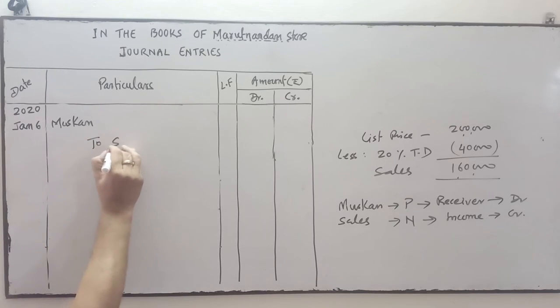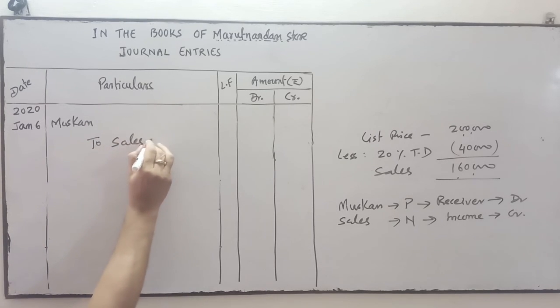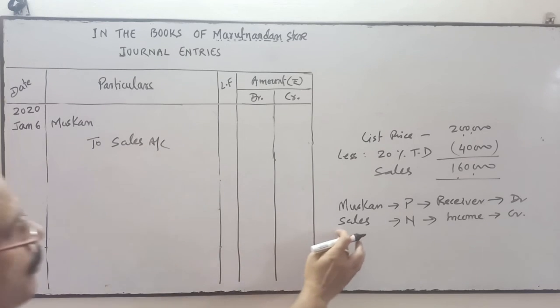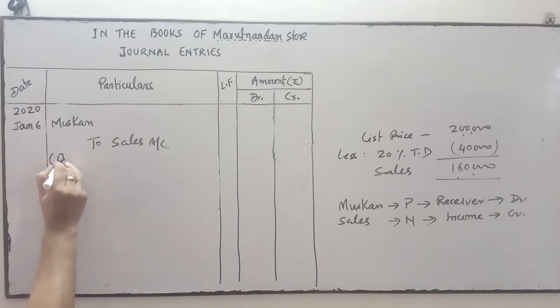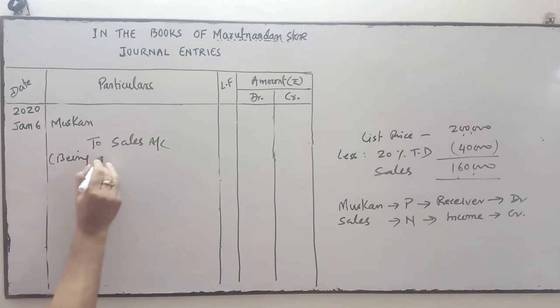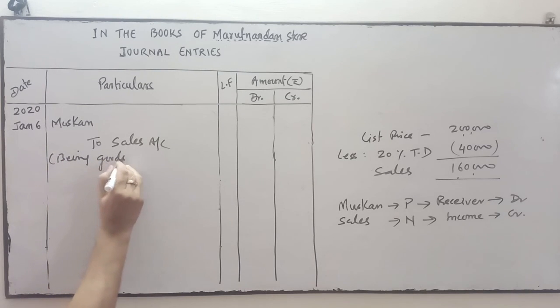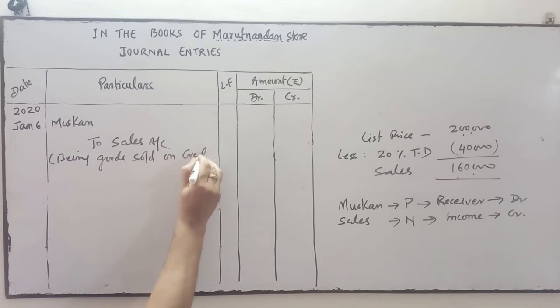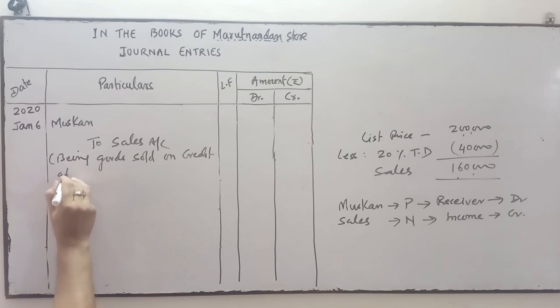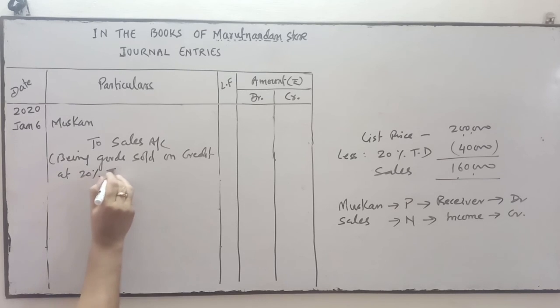And sales account will be credited. Sales account will be credited. Now write the narration: being goods sold on credit at 20% rate discount.